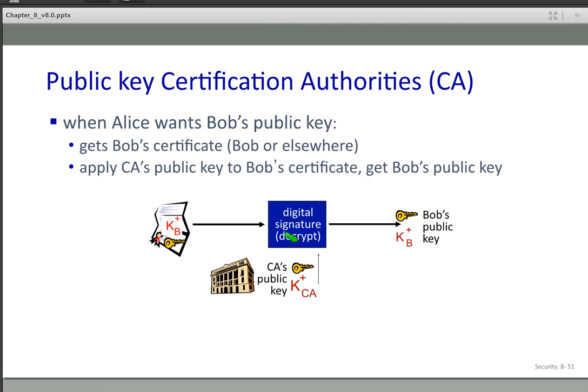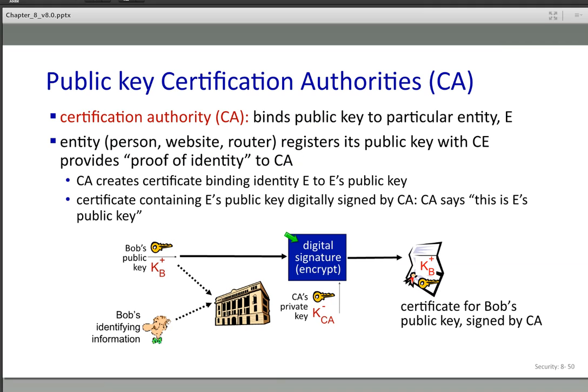So, firstly Bob should ask the CA, okay, give me a public and a private key, a pair of keys. And then after that, the CA will give a certificate to Bob.